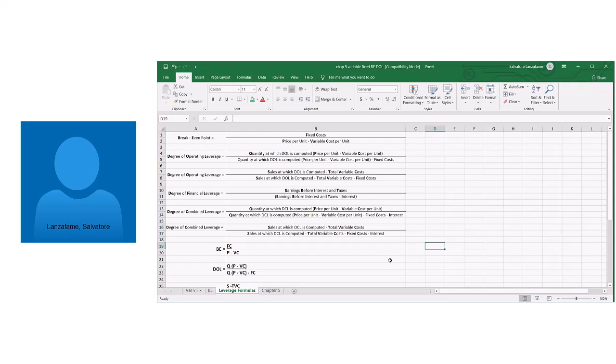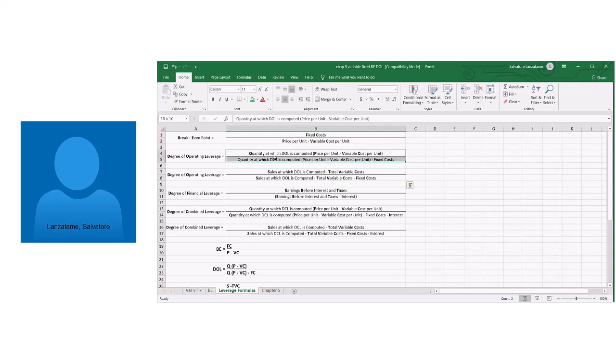Here are some formulas that could come in handy for you, whether you're taking a test or just trying to figure out leverage or break even. So here's the formula for break even. Fixed costs divided by your contribution margin, which is, as you know, price per unit minus variable cost per unit. And then I've got two different versions of the operating leverage.